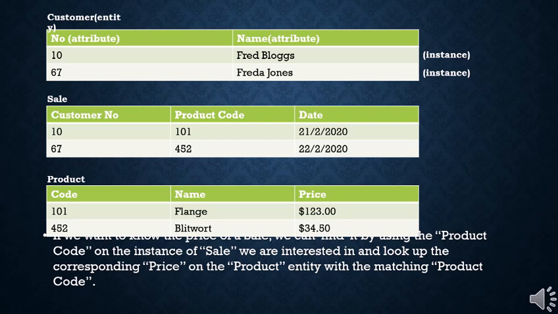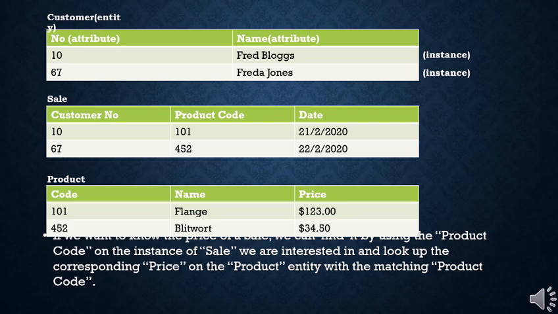Let's break this down with an example. Here is the customer table. It has two attributes, number and name. We have two customer records: customer number 10 whose name is Fred Blocks, and customer number 67 whose name is Freda Jones. Now look at the sale table. This shows two sales. Fred Blocks bought product code 101 on 21st Feb 2020. Freda Jones bought product code 452 on 22nd Feb 2020.